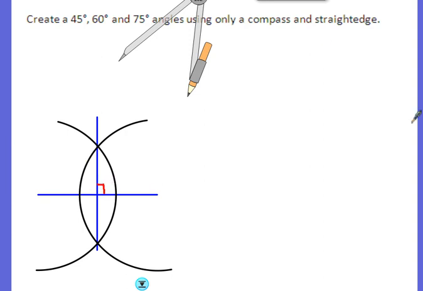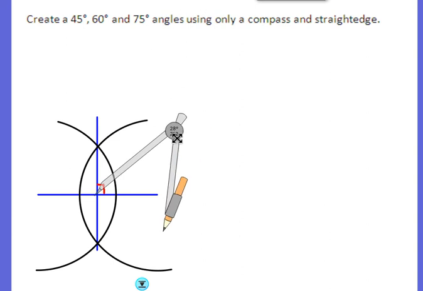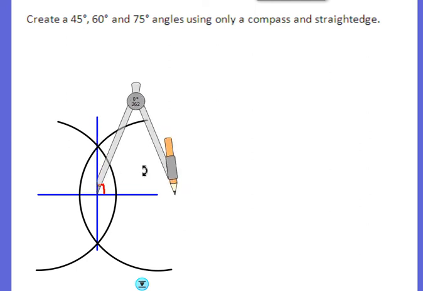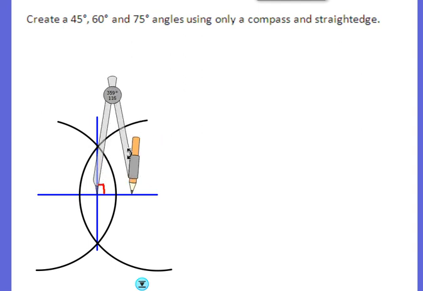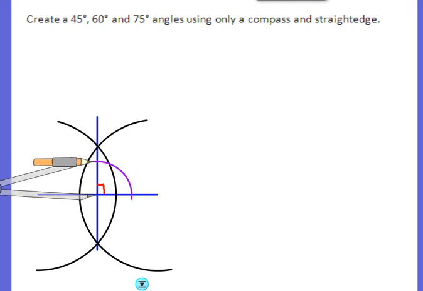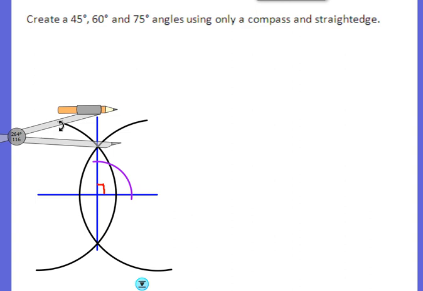We can take any one of those angles and then use what we just learned to create an angle bisector. And to bisect a 90-degree angle is going to give us 45. That's what cutting a 90-degree angle in half will give us, a 45-degree angle.